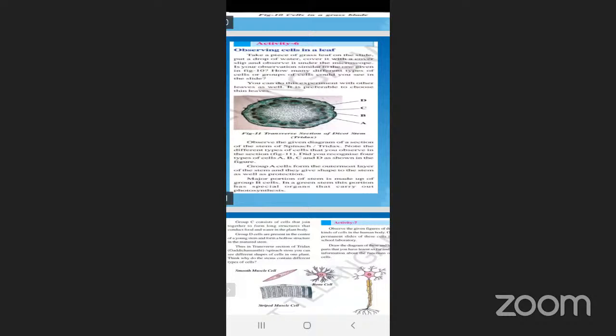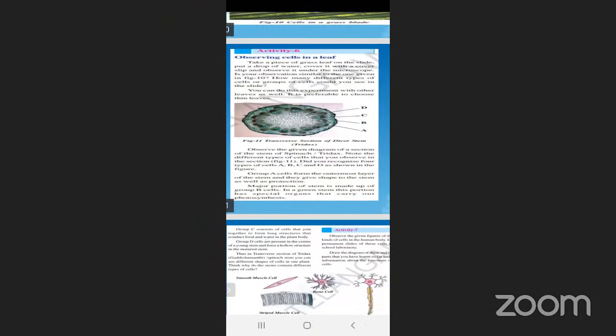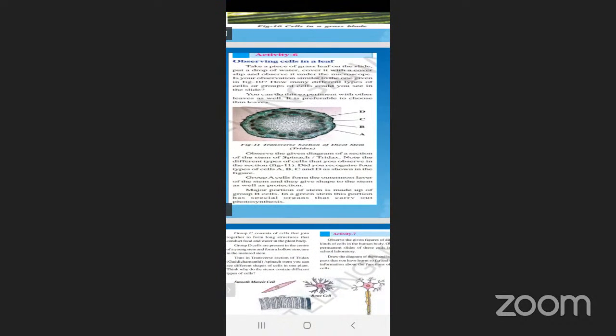By taking help of this picture, while you are observing, you should compulsorily keep an observation book with you. You have to draw the observation diagram in your observation book and compare it with your textual figure, figure number 11.